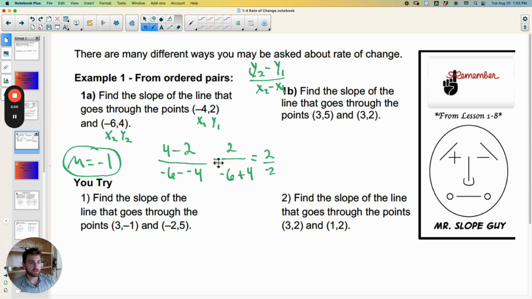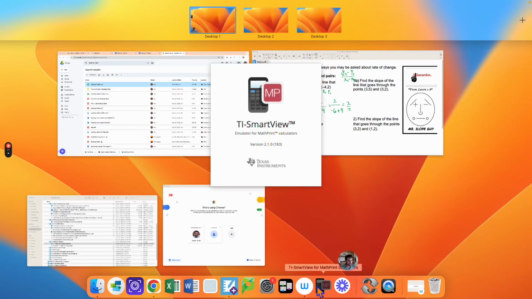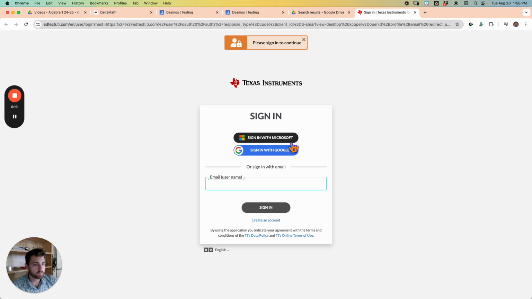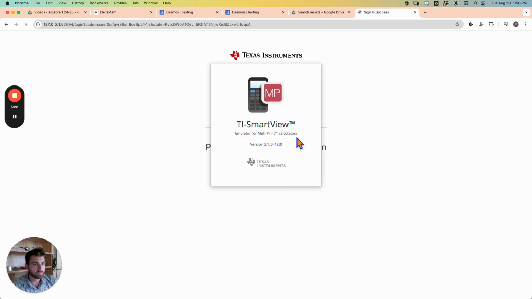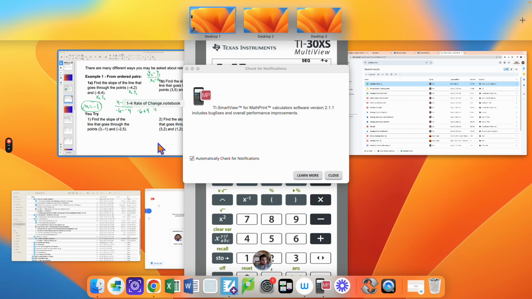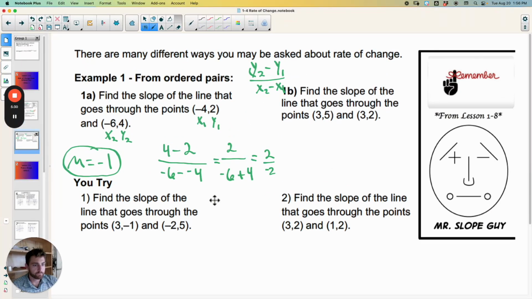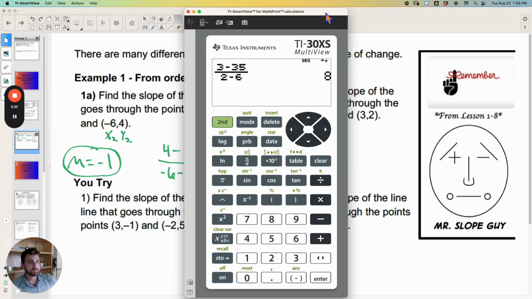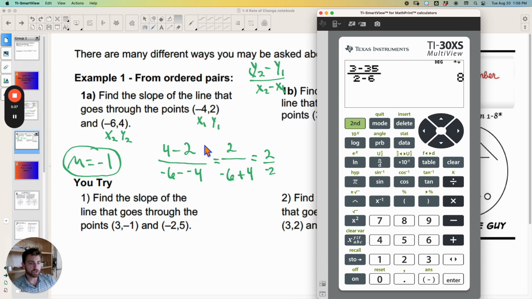Now don't forget, you can always use that calculator. So let me pull mine up here. It's not wanting to open up. Hold on just a second. There we go. Okay, so you can always pull up your calculator and you can plug it straight in from here.